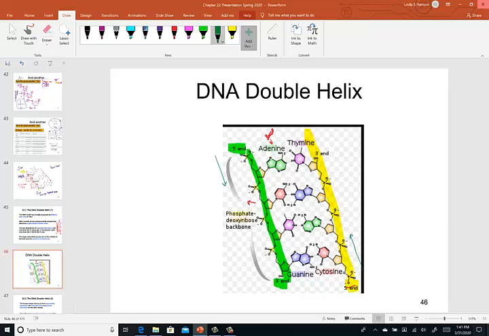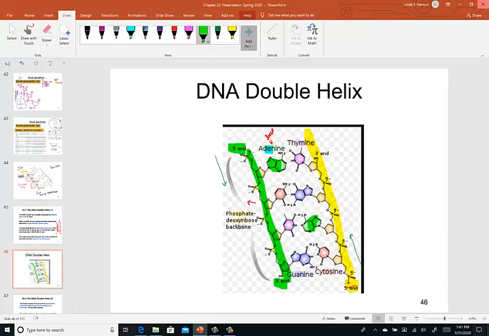Here's another thing to notice. The bases in the middle have a very specific arrangement. For example, adenine is color-coded in green here. See, this adenine is a base. Adenine, we've learned, is a two-ringed base structure. So here's another adenine, color-coded green, with 2 rings in its base structure.